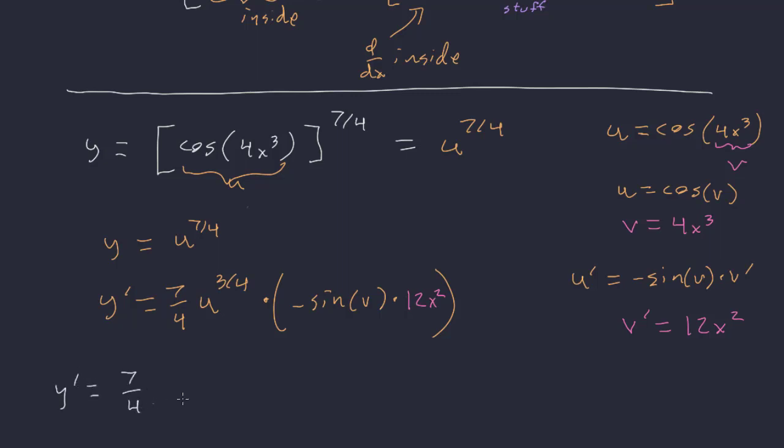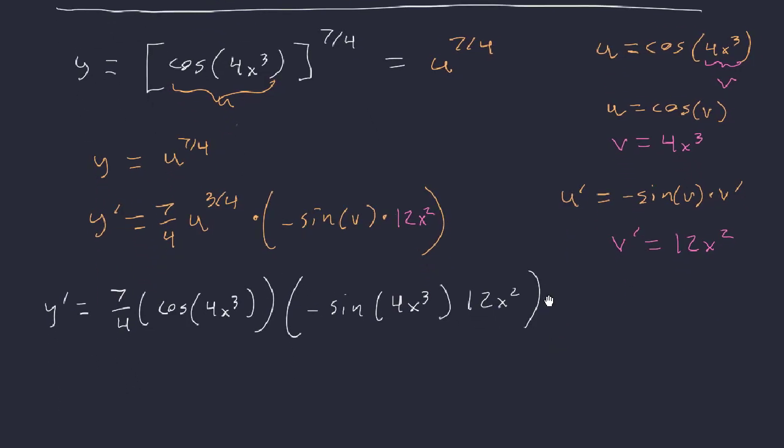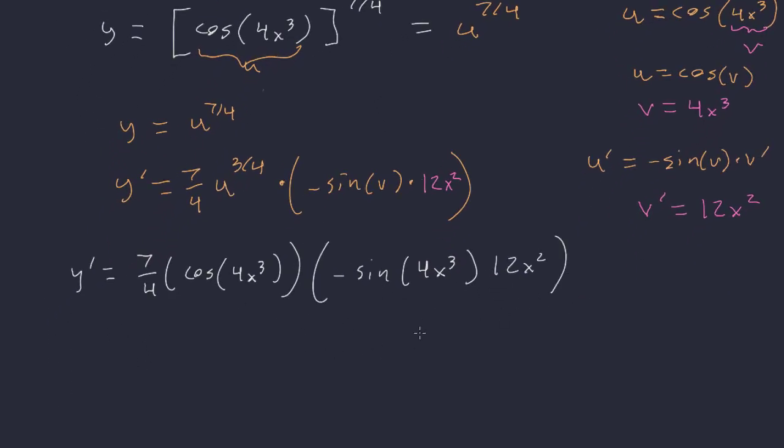The 7/4, our u was this cosine of 4x cubed. Okay, and v was 4x cubed. So this will be negative sine of 4x cubed, and then we'll have the 12x squared. All right, so you just plug everything back in, and now we can go about simplifying if we like, or we can just leave it like this.